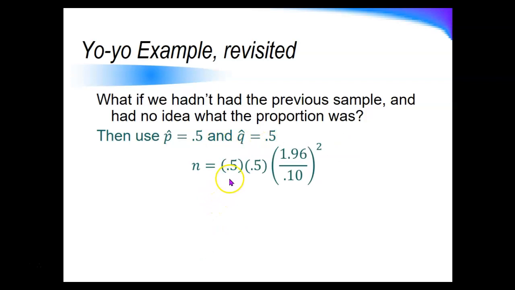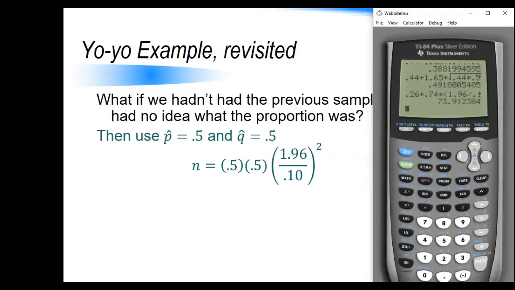And it looks like this: 0.5 times 0.5 times (1.96 over 0.10) squared. So 0.5 times 0.5 times parenthesis 1.96 divided by 0.10, squared.